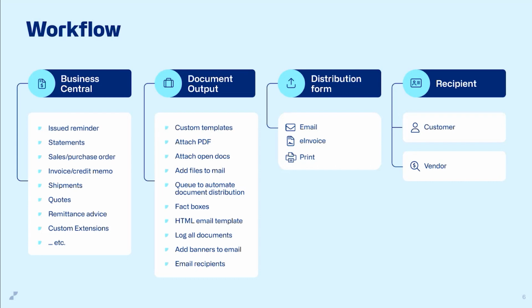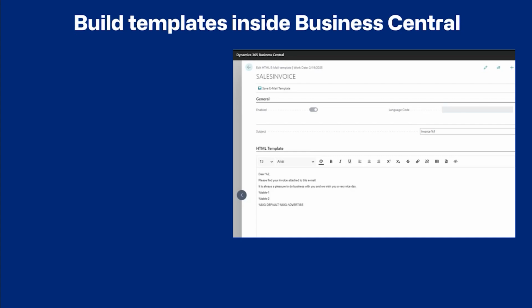Or it will send it as an e-invoice in the case that e-invoices need to be sent, or to print. And this is both to customers and vendors. So the report type is completely open, and you can use your own custom report as well, which is part of why we have added this nifty tool of an AL extension builder.